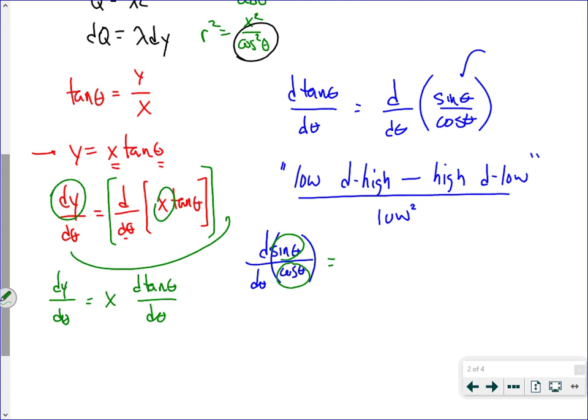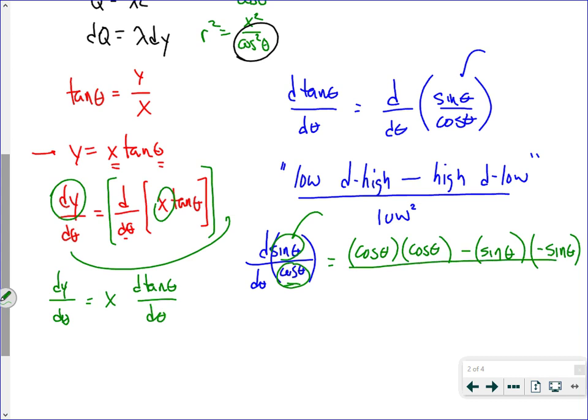So we say low, cos theta, times d high, d sine theta d theta, which is cos theta, minus high, sine theta, times d low, d cos theta d theta, which is negative sine theta, over low squared, cos squared theta.